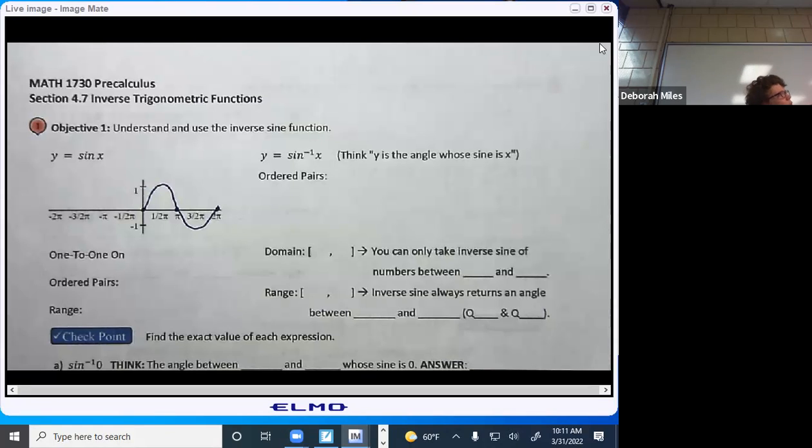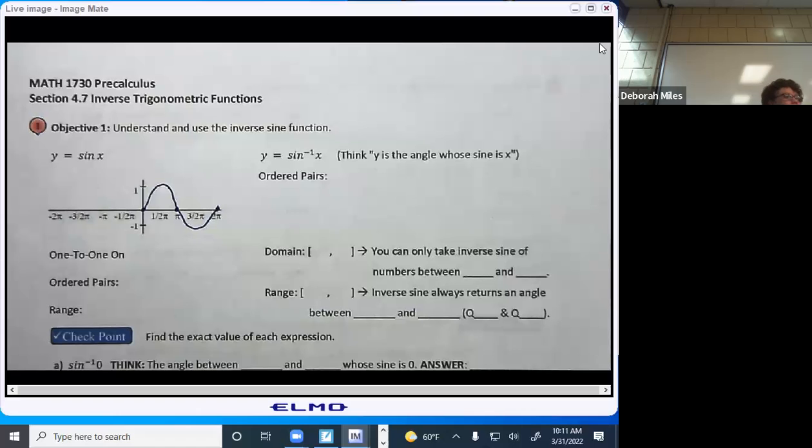A function, let me back that up. A relation is only a function if it passes the vertical line test, right? That means for each x, there's only one y. What was similar to that to see if something had an inverse? It had to be 1-to-1, which means it had to pass the horizontal line test.